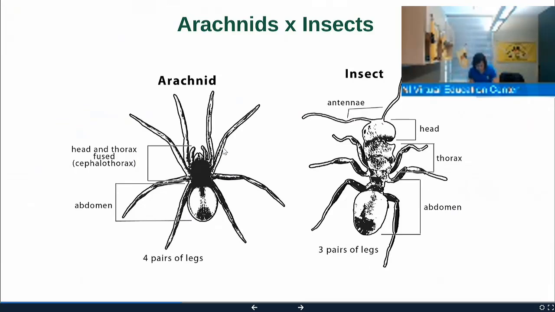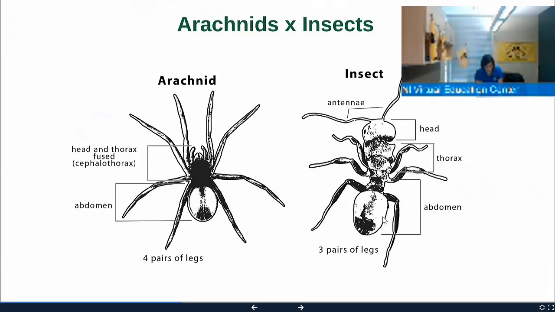Insects, on the other hand, have 2 antennae, a head, a thorax, and an abdomen. So they have 3 body parts, 3 segments, and 3 pairs of legs. 1, 2, 3, 4, 5, 6.